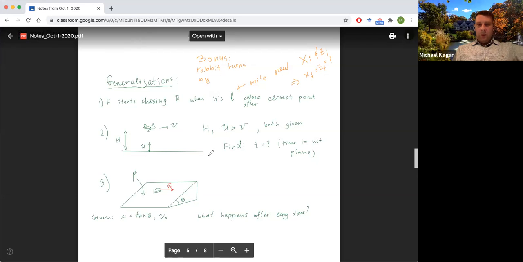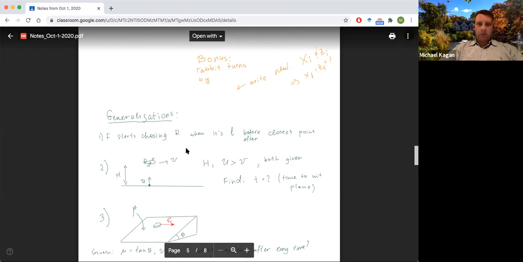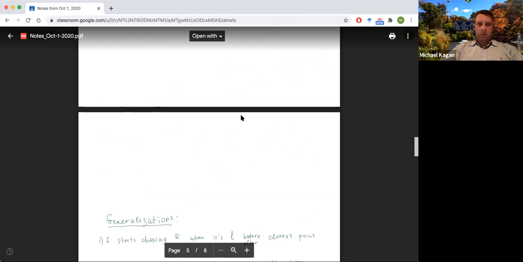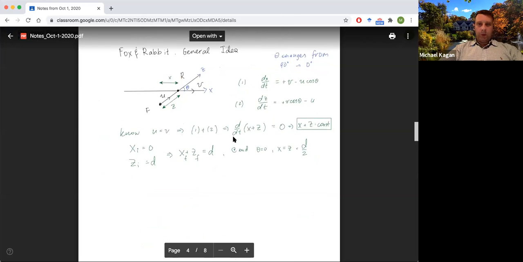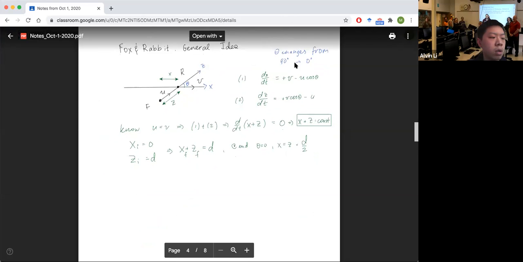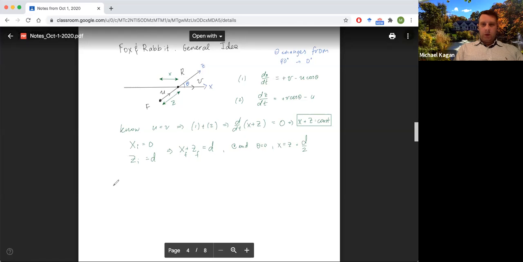So the idea is to use actually the same equations as before, but not assume that v equals u. So if you look at these equations, 1 and 2, they're still true. Just don't put v equal u. So yeah, let me put that.